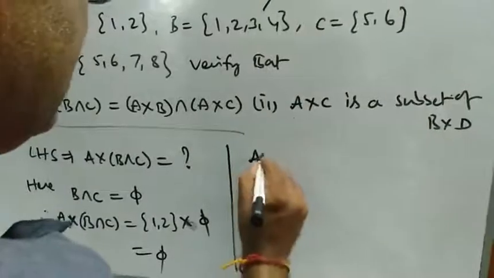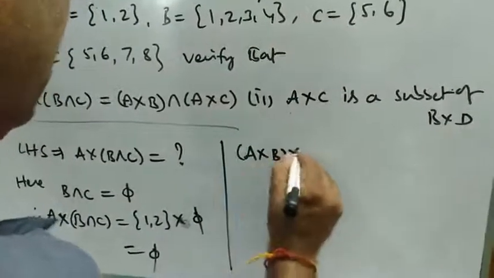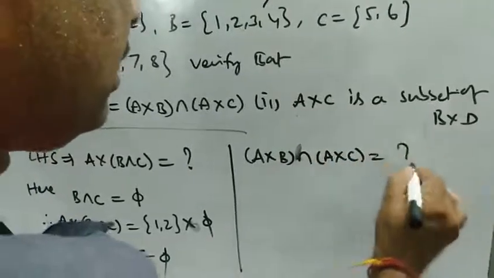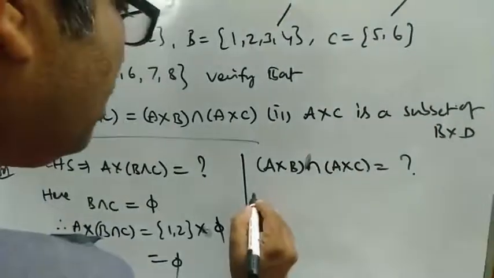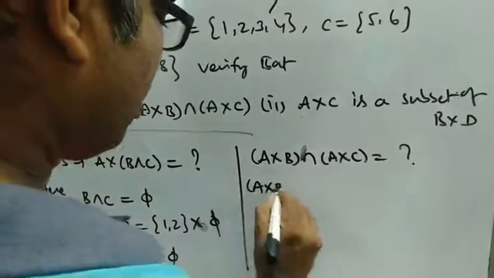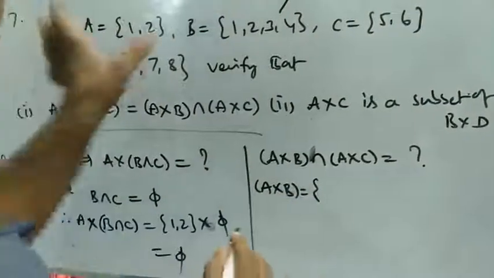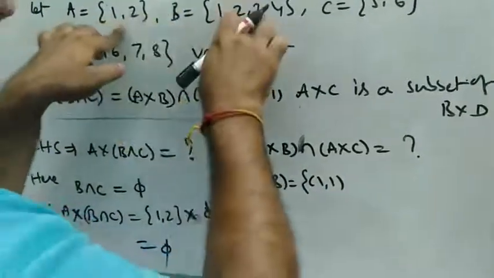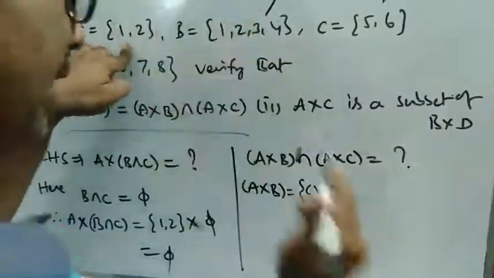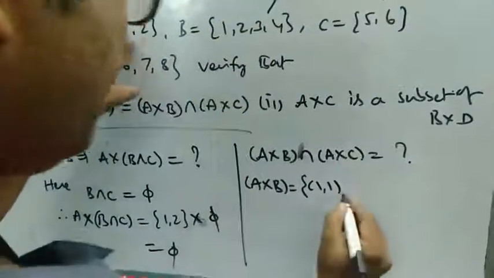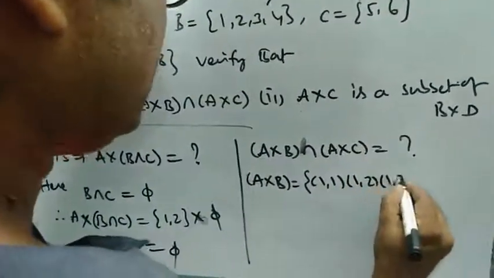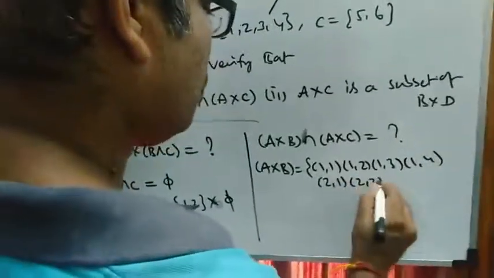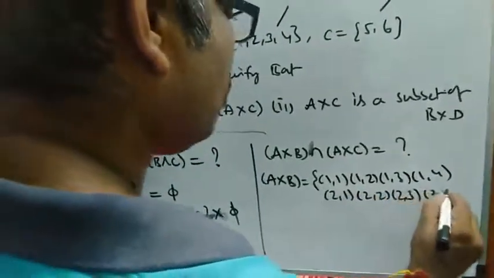Similarly, for the right hand side, (A cross B) intersection (A cross C), I would like to calculate this. What is A cross B? The Cartesian product of A and B. 2 times 4, that means 8 elements, 8 ordered pairs: (1,1), (1,2), (1,3), (1,4), similarly (2,1), (2,2), (2,3), (2,4).